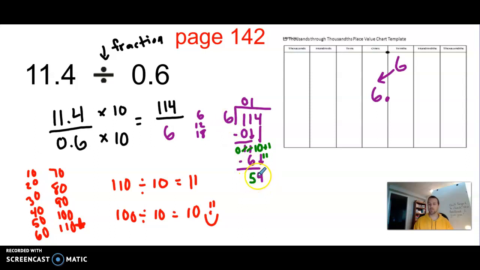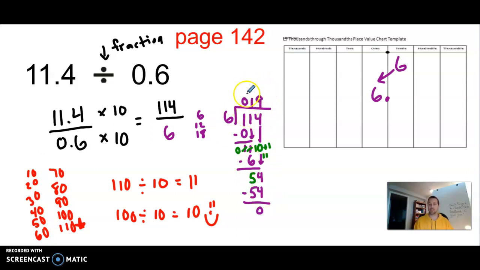Okay, this is going to be more of those basic facts. If you're not sure of those, keep practicing those. That reflex math is really awesome. Right? And if you needed to, you could skip count all the way down. But I know my basic fact is going to be 9. 9 times 6 is 54. And when I find the difference of those, I'm left with 0.